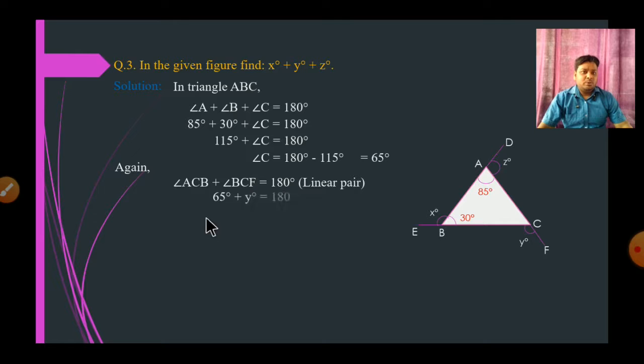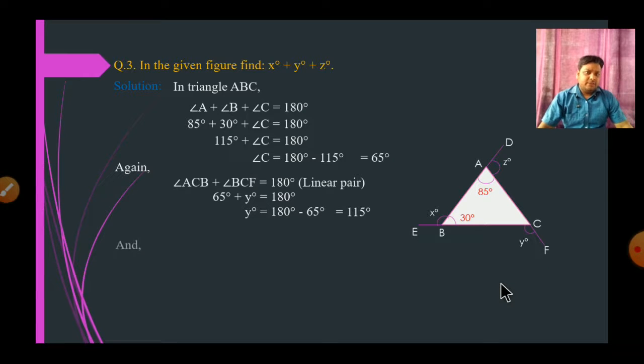So we put the values: 65 degrees plus y degrees equals 180 degrees. Now we take 65 to the other side, so y degrees is equal to 180 minus 65 degrees. Subtracting, we get 115 degrees, which is the value of y.